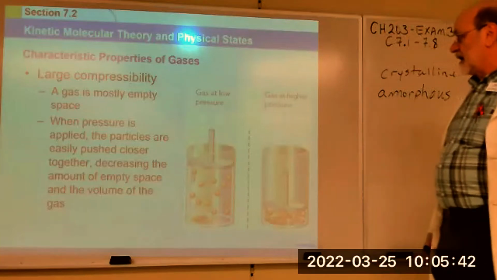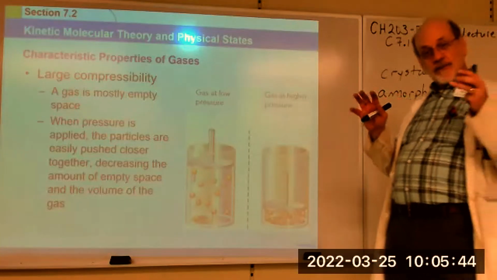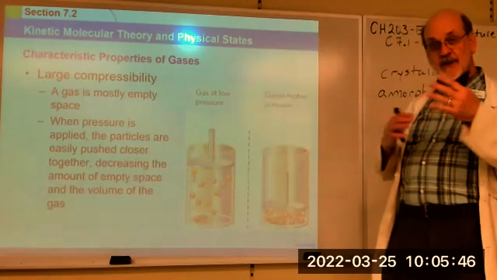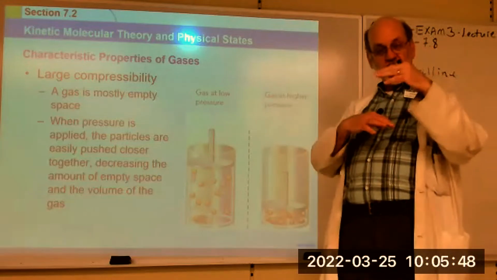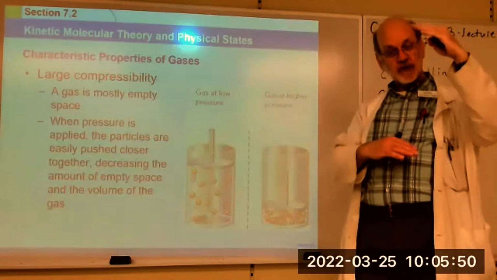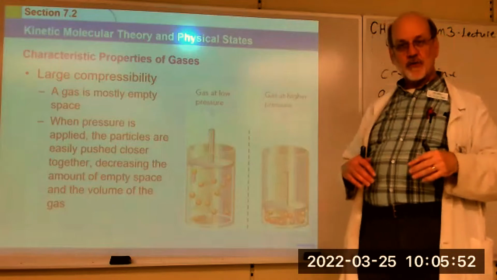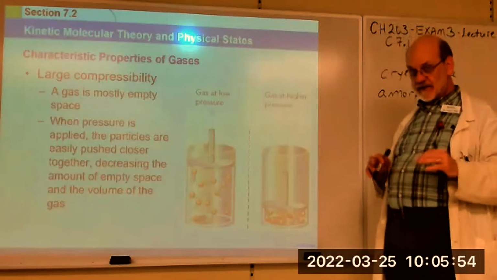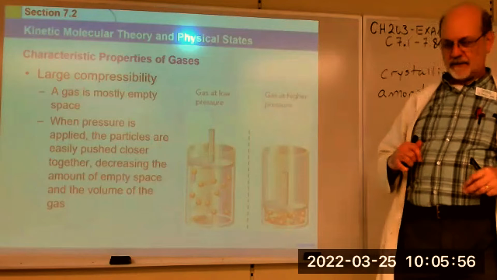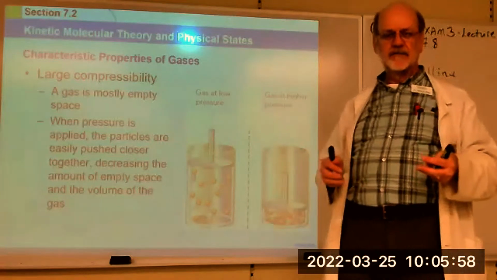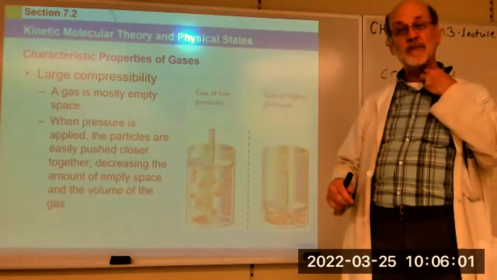Okay, so that means when you compress a gas, there's lots of space, right, between the molecules. All you have to do is just move the molecules closer together. So pressure will compress a gas very easily, right? That's how we fill our tires. Well, our bicycle tires with a pump.